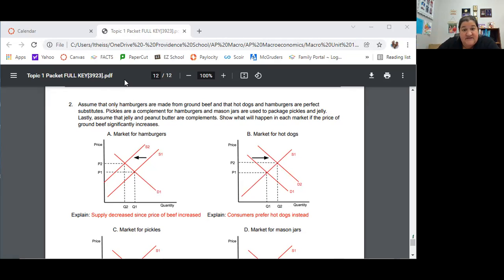So in this instance, if I looked at my first equilibrium point, Q1, P1, and then I shifted supply, and here's my new equilibrium point, what happened to price? In this one, price increased, and also quantity decreased.